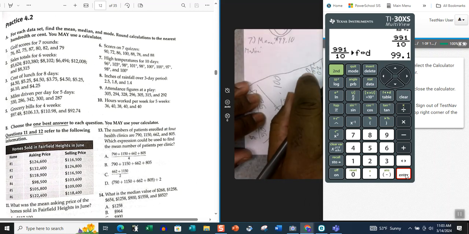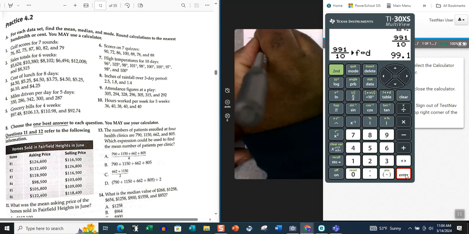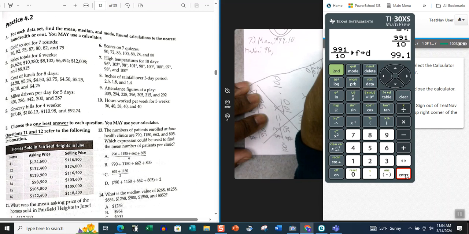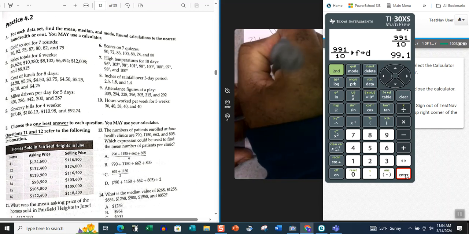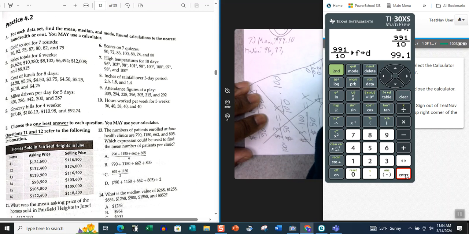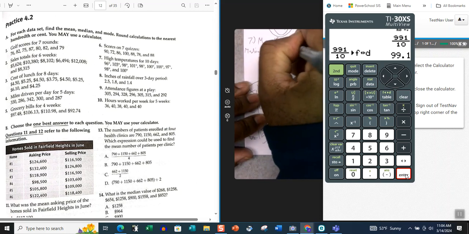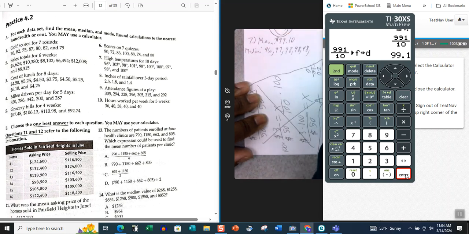So now we go to our median. Now remember, we have to line up these numbers. So the lowest number here is 96. The next will be 97. And then we will have 98 3 times. Okay, so that took care of all of our 90s.